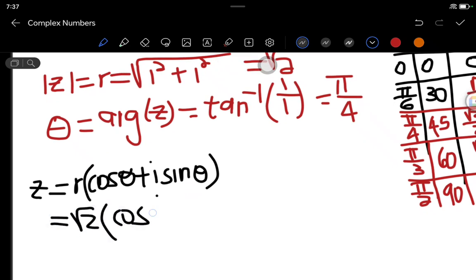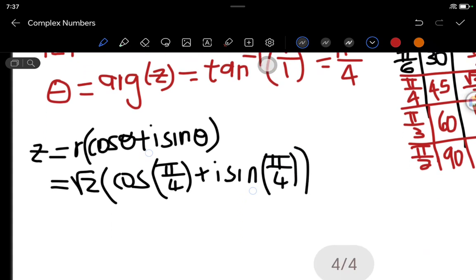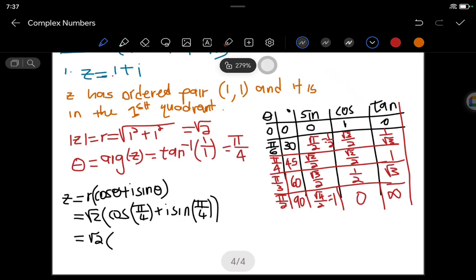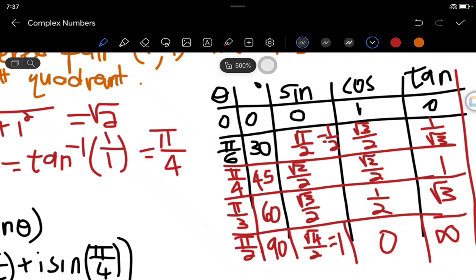Then we have cos of pi over 4 plus I sine of pi over 4. Already, I know what is cos of pi over 4. I can just come here. Then I check. Cos of pi over 4 is going to be root of 2 over 2. And also sine of pi over 4 is going to be root of 2 over 2.